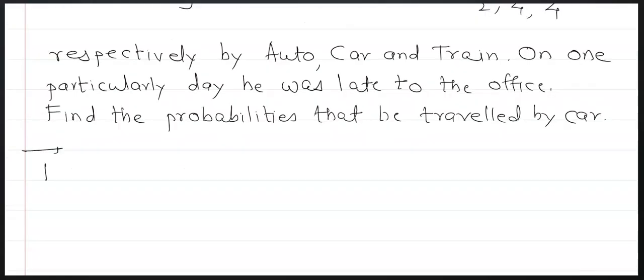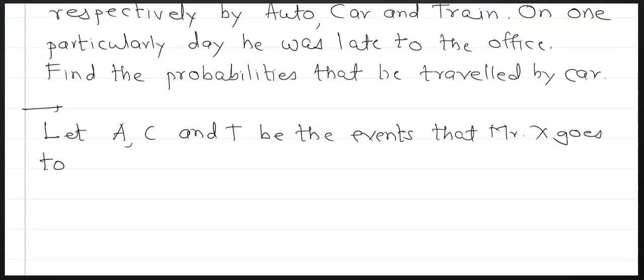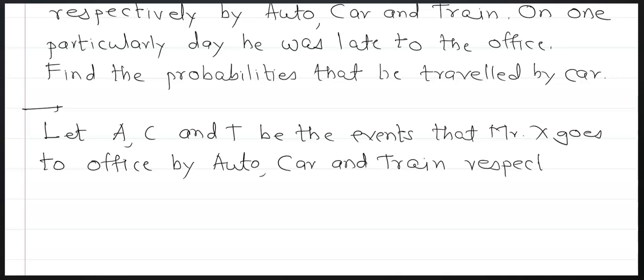he traveled by car. Let A, C and T be the events that Mr. X goes to the office by auto, car and train respectively.